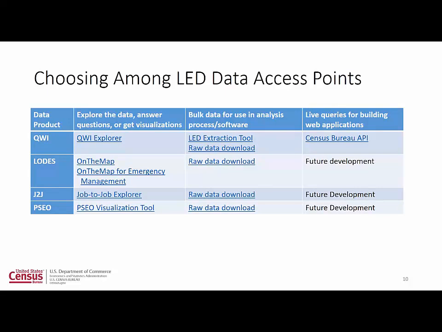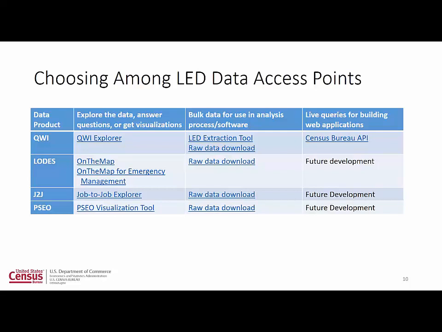QWI can be accessed via QWI Explorer if you want to explore the data, answer some basic questions, or get some basic visualizations of the QWI data. If instead you prefer to download the QWI data in bulk so that you can put it through your own software or your own analytical process, you can get access to that data in two forms.